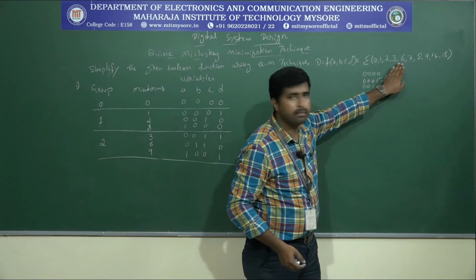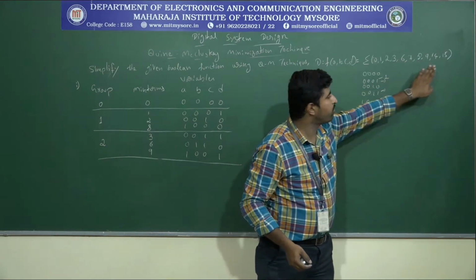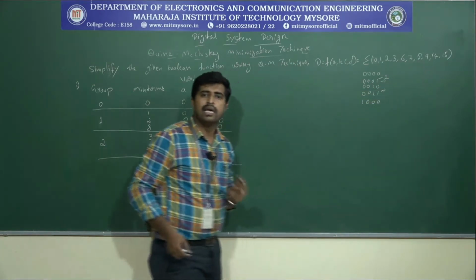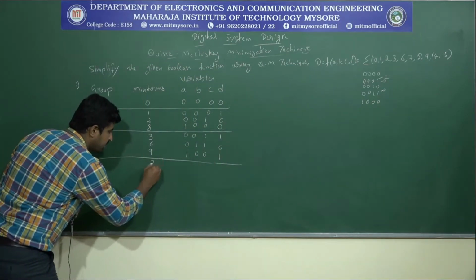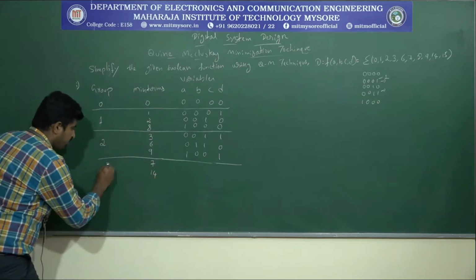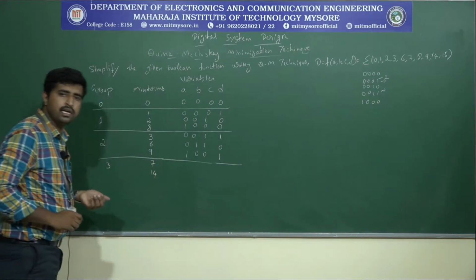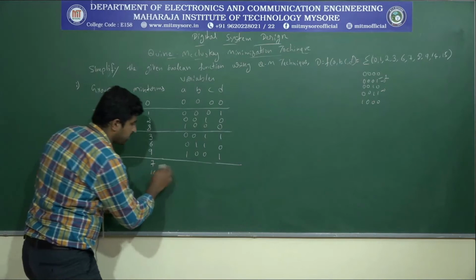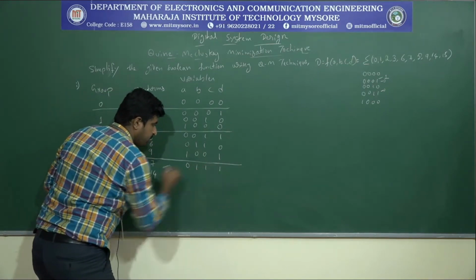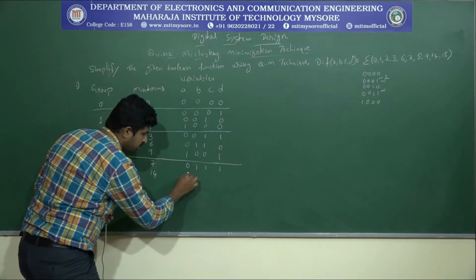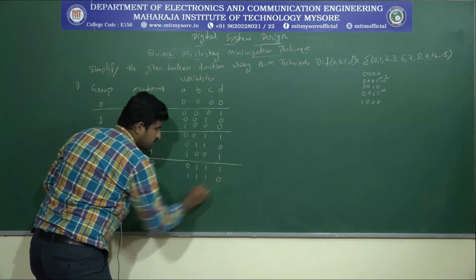In the given function, the min terms 7 and 14 consist of three logical ones. So 7 corresponds to 0, 1, 1, 1, and 14 to 1, 1, 1, 0.